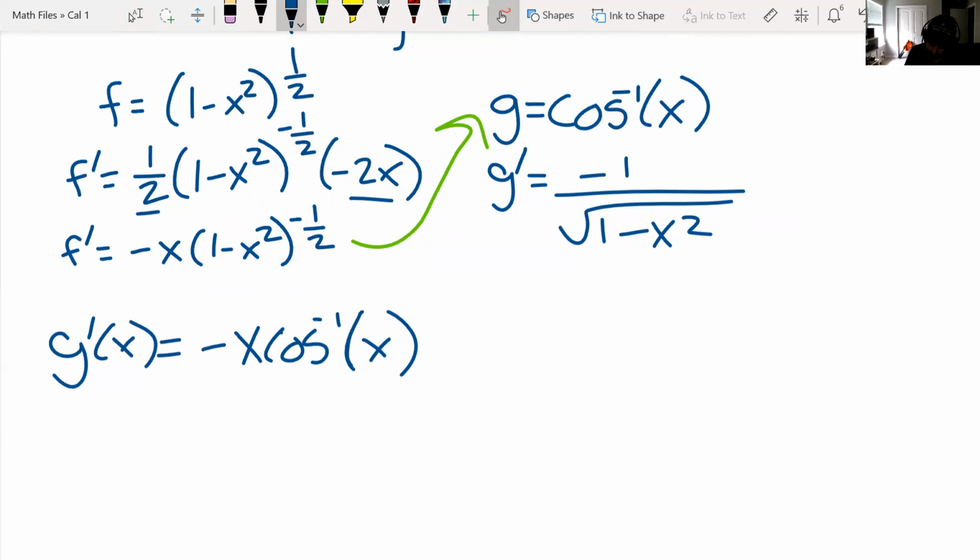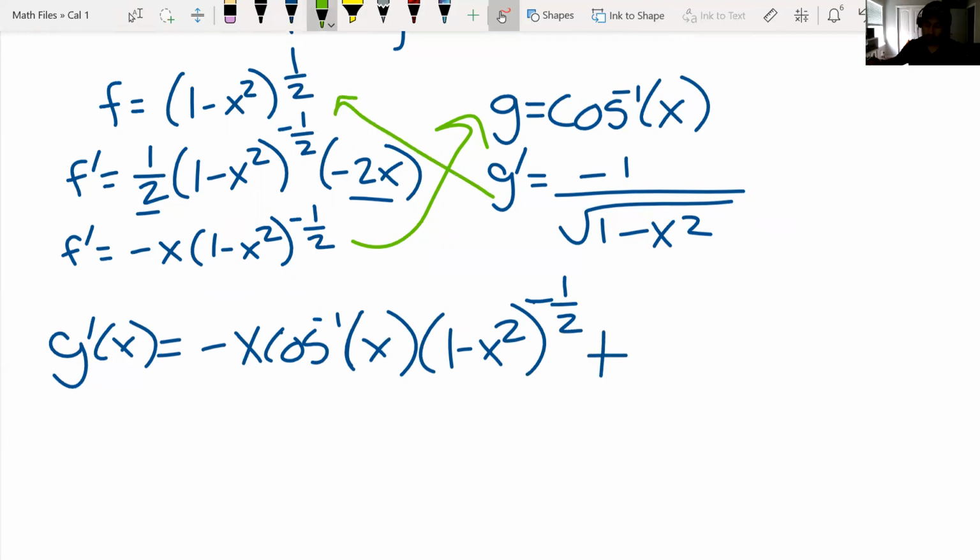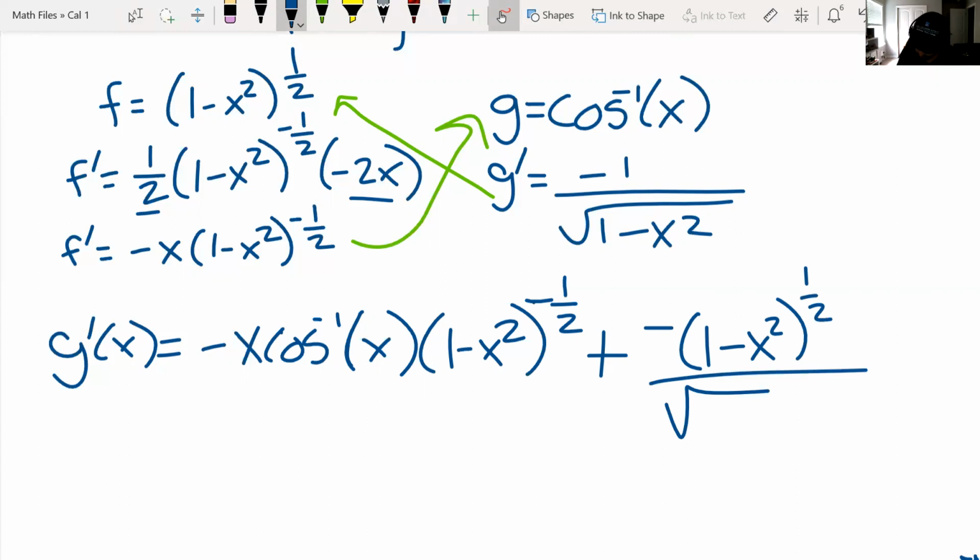Negative x cosine inverse of x times, not of, 1 minus x squared to the negative 1/2, plus G prime f, negative 1 minus x squared to the 1/2 over square root of 1 minus x squared.